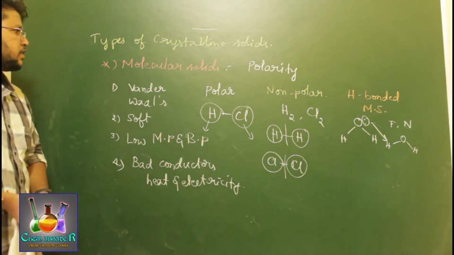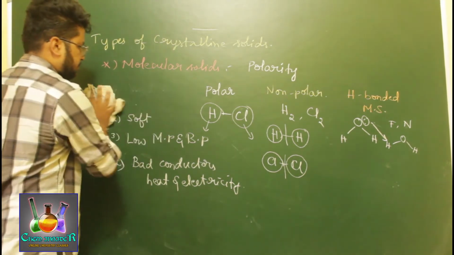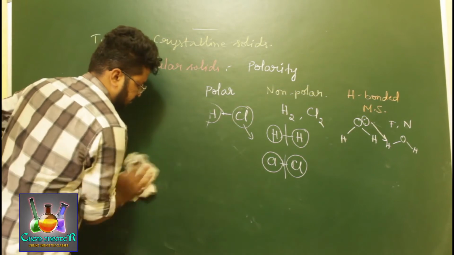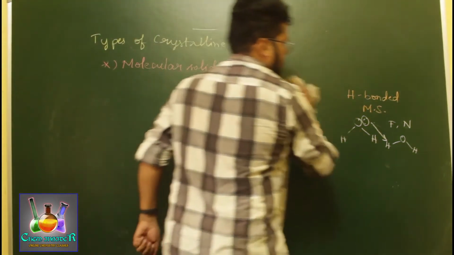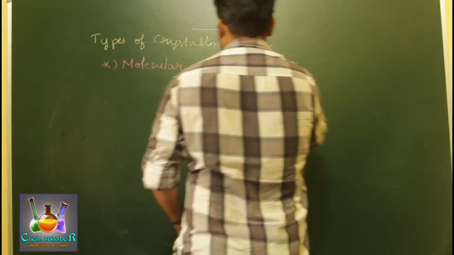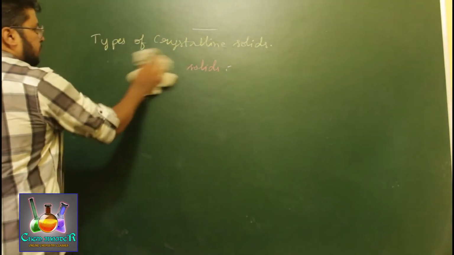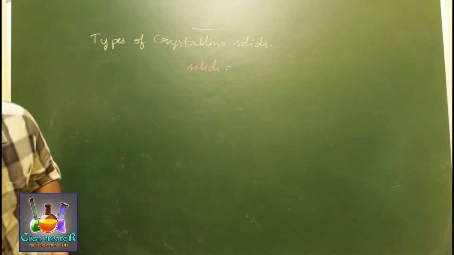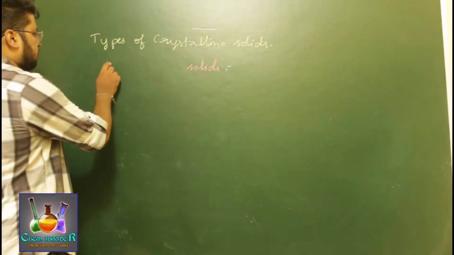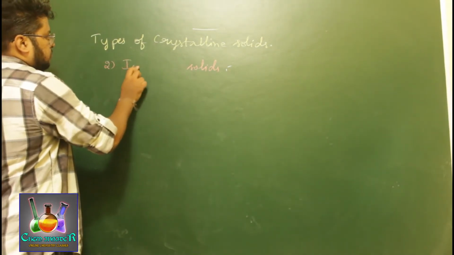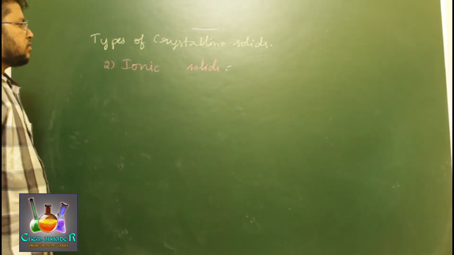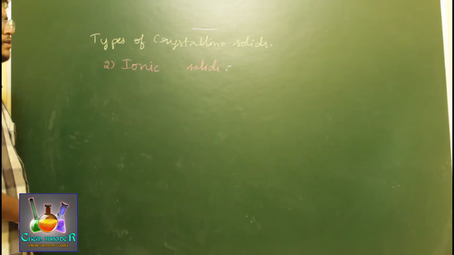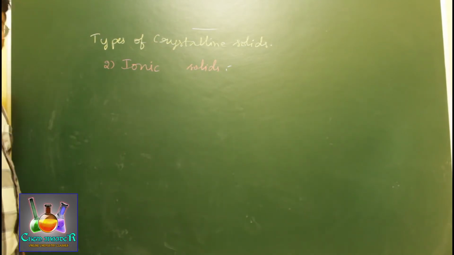Next, we are going to discuss ionic solids. Ionic solids are those solids which are formed by ionic bonds between them.